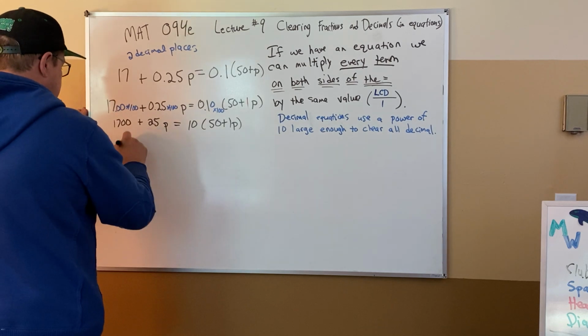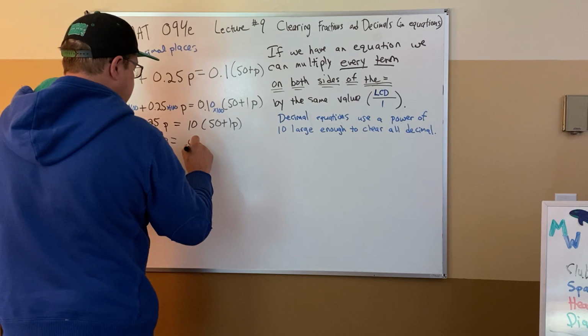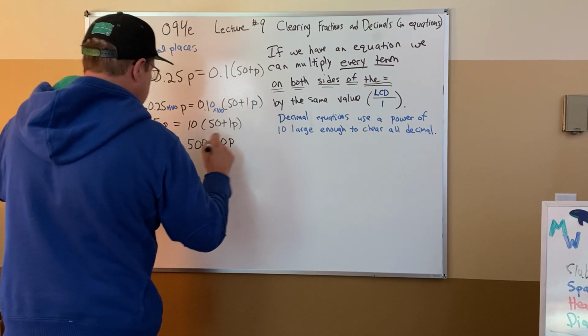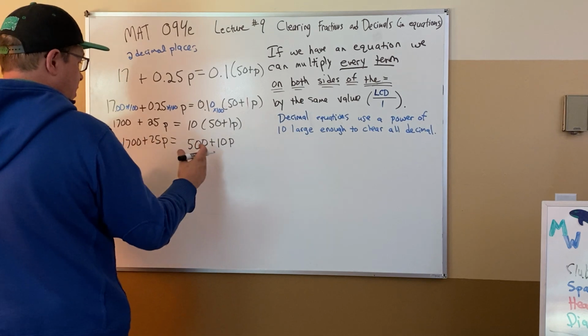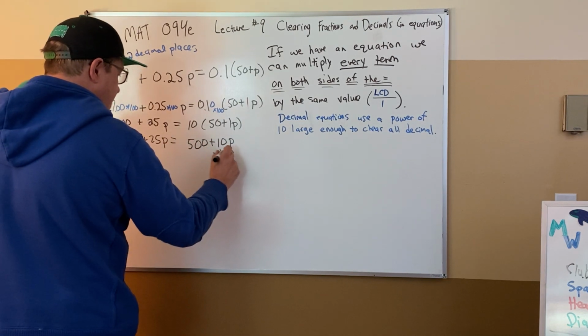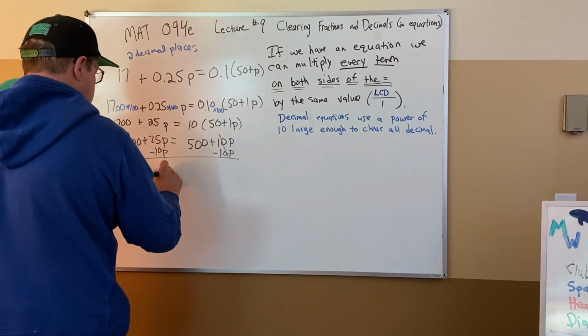We've got to distribute that, right? So 1700 plus 25p stays, but 10 times 50 is 500, plus 10 times 1 is 10 with a p. And we go to get rid of the worst bank balance, which is the 10p, not the 25p. Minus 10p, minus 10p. Gone. 15p.